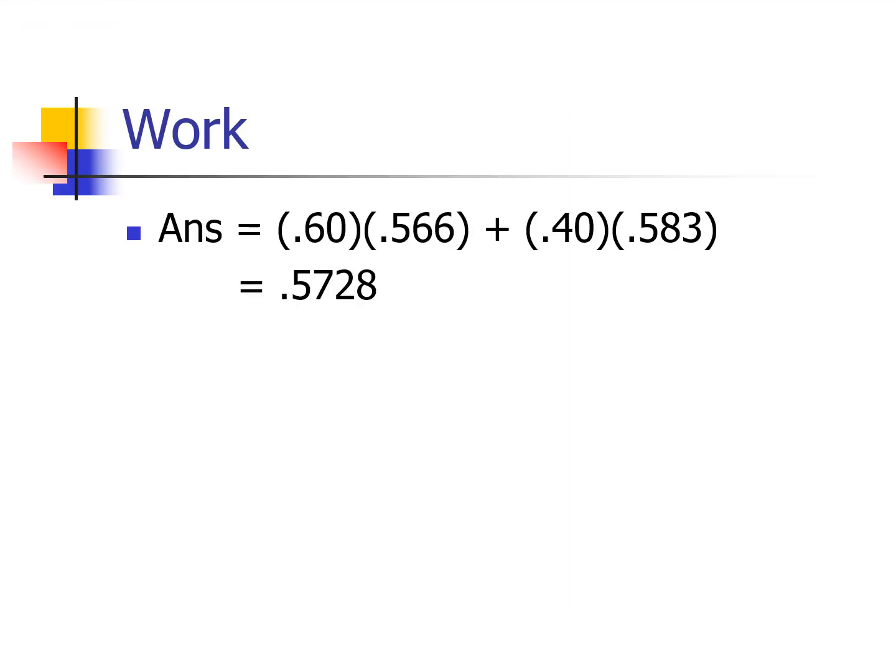All right, so the calculation basically works like this. There are 2 options. The first option is that when we get to our vacation spot, it's not raining, and there's a 60% chance of that happening.